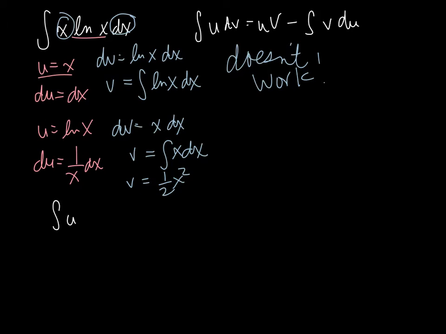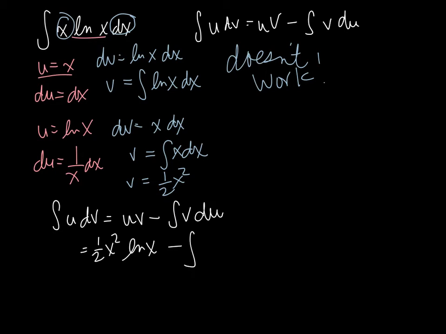So let's plug that into our formula here. So u dv is equal to u times v minus the integral of v du. All right, so u was chosen to be, in the one that worked, ln of x, times v, and v is 1/2 x squared, so I'm going to put that out front there. Okay, and then minus the integral of v, which is 1/2 x squared, and du, where's du?